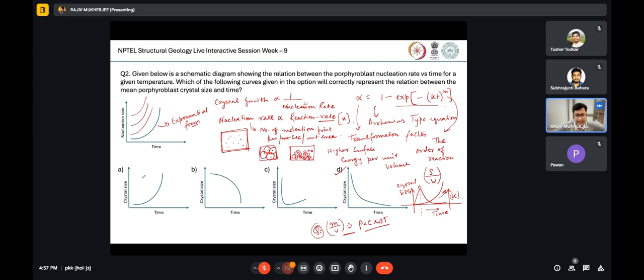It is not maintaining its quasi-static condition, and therefore you have a lot to grow but a very short time, and the volume is also limited. So what will happen? The nucleation rate will increase, because the system has to invest that much energy within the given period of time to come into thermal equilibrium.